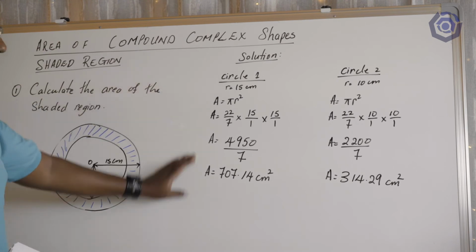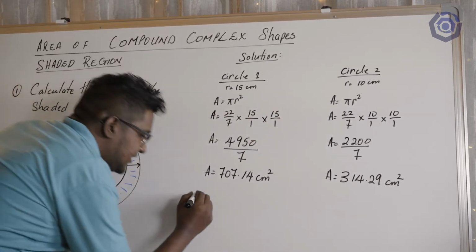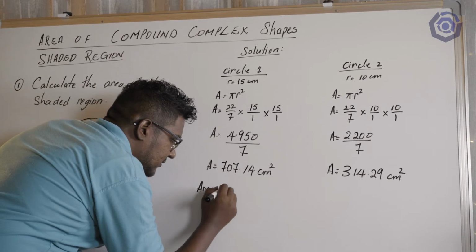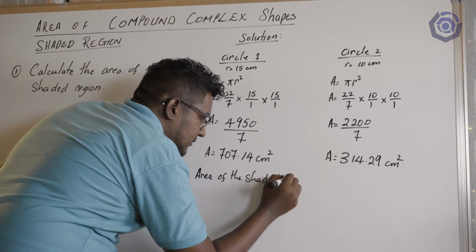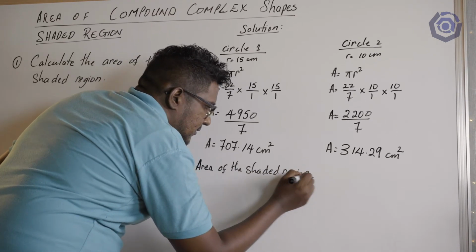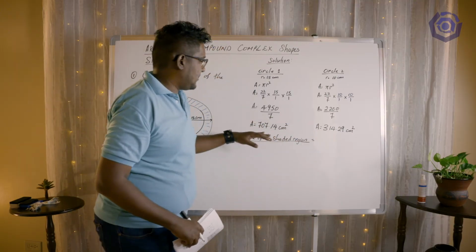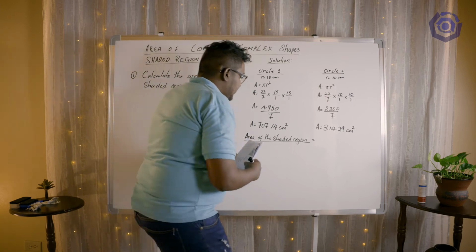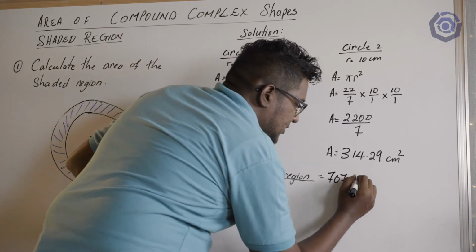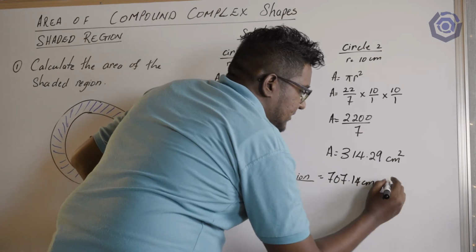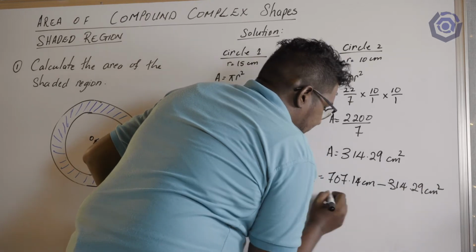Now, this is the big shape. This is our little shape. So to find the area of the shaded region, I said that we're subtracting our little shape from our big shape. So we write the big shape first, which is 707.14 cm squared. Subtract 314.29 cm squared.